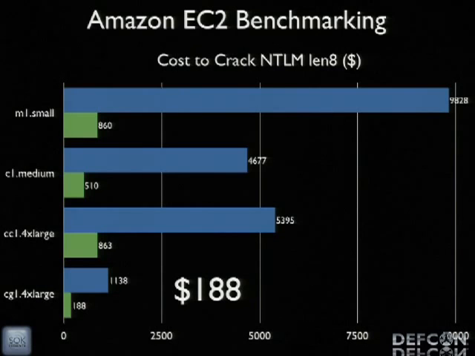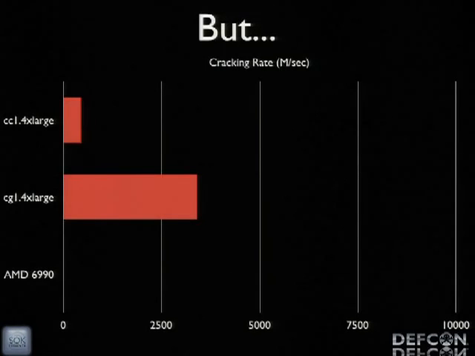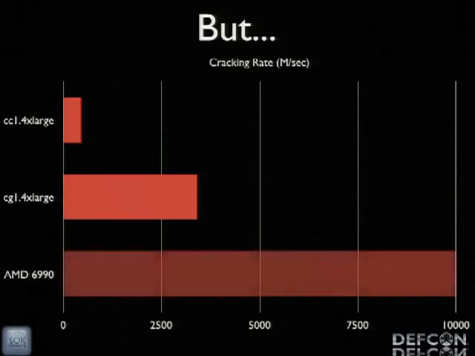We've also heard that AMD is a whole lot better for password cracking. So let's take a look at some numbers. The CG1 or the GPU instance for EC2 can do about 3,400 million, or 3.4 billion, NTLM a second. Unfortunately, on the same workload, an AMD 6990 does 10 billion per second and change.